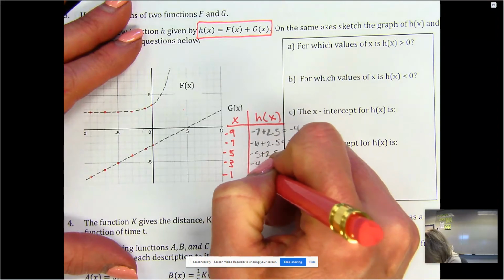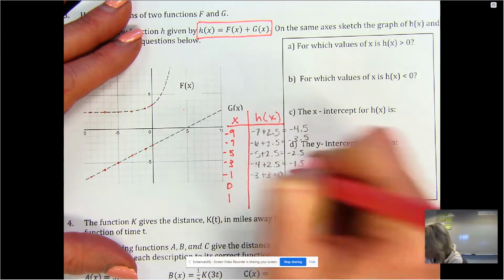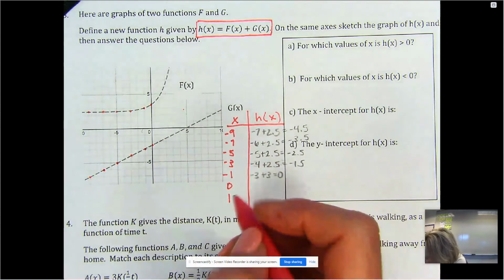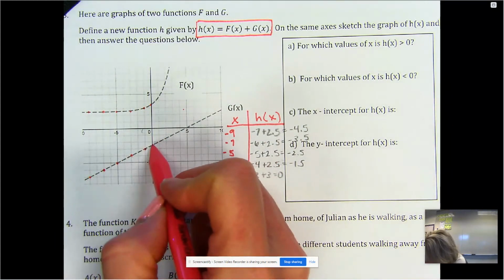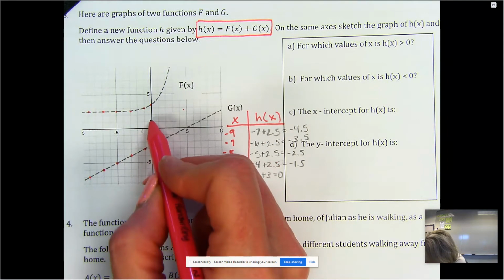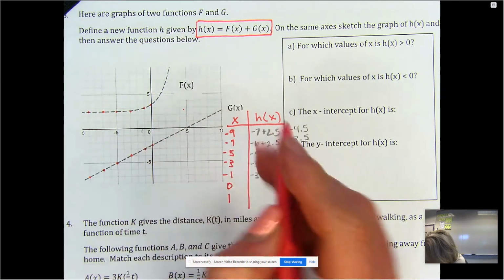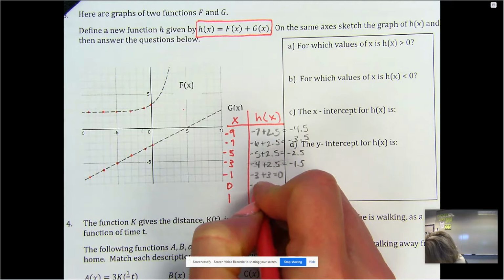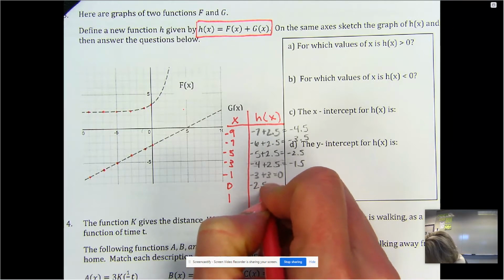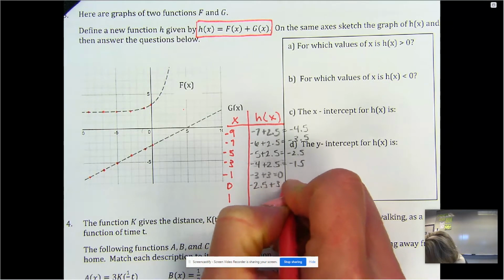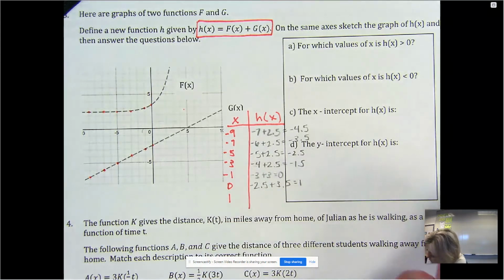So -3 plus 3, that's 0. And then here at 0, I have about 3.5 and negative 2.5. So negative 2.5 plus 3.5 is 1.